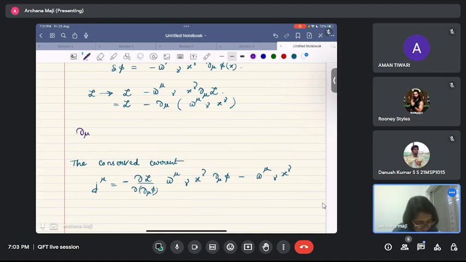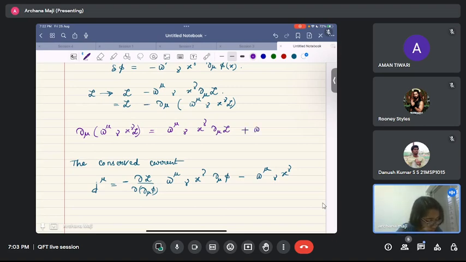If we take this derivative of omega mu nu x nu L, we will get that term that is already there, but it will also act on this x mu, right?